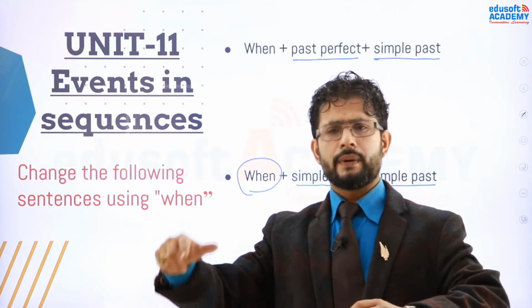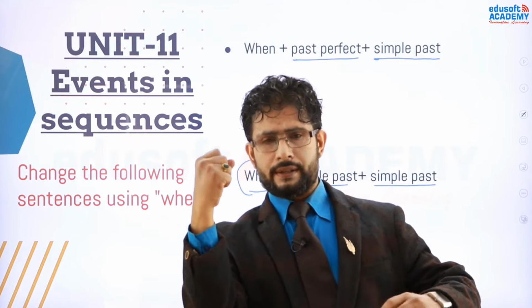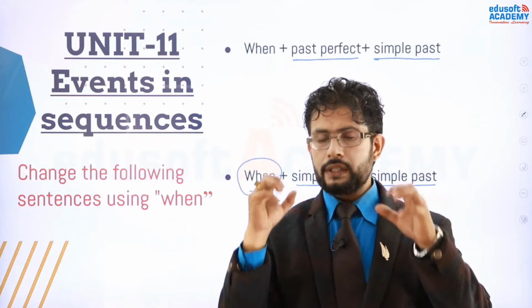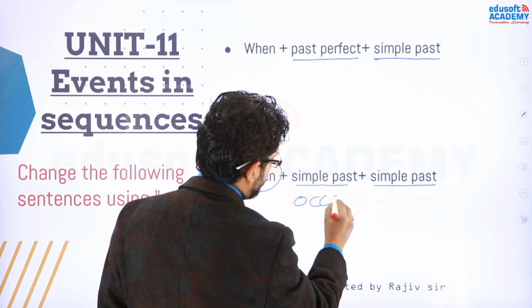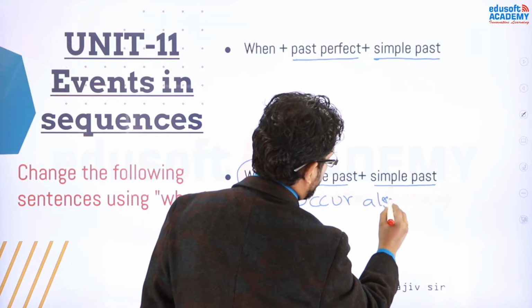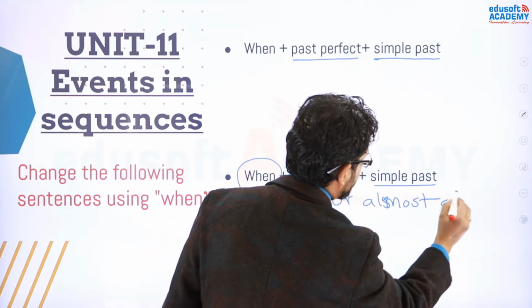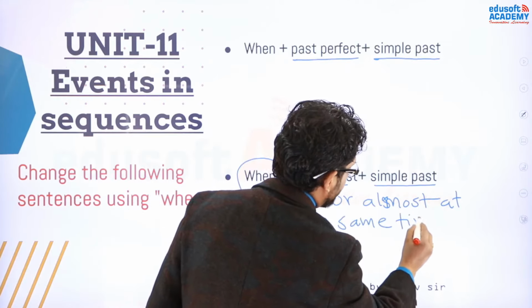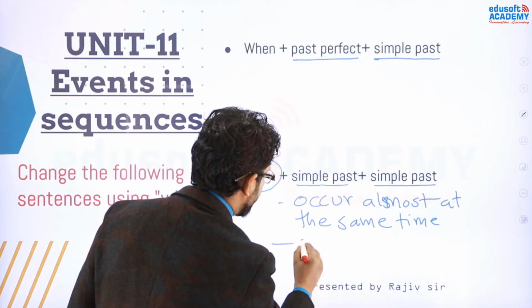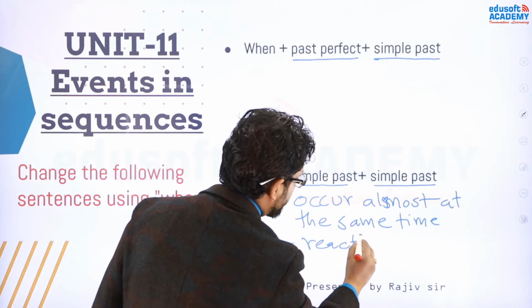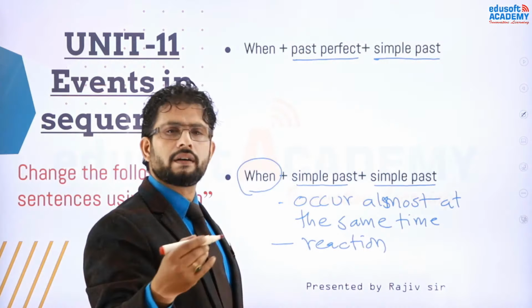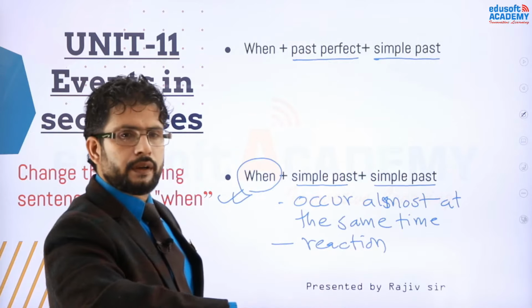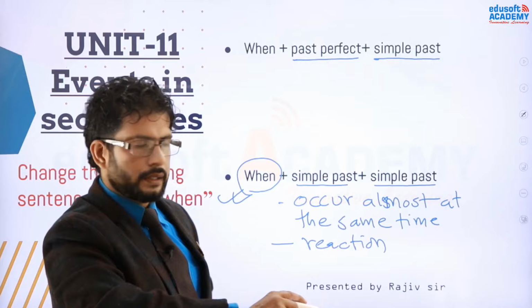In a sentence you are given two events. You are going to look at whether those events occur almost at the same time, as a reaction or simultaneously. Then you are going to use this structure: when plus simple past plus simple past.